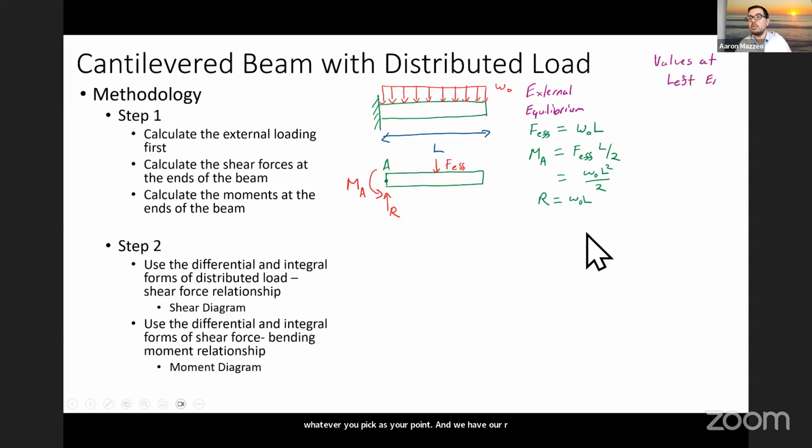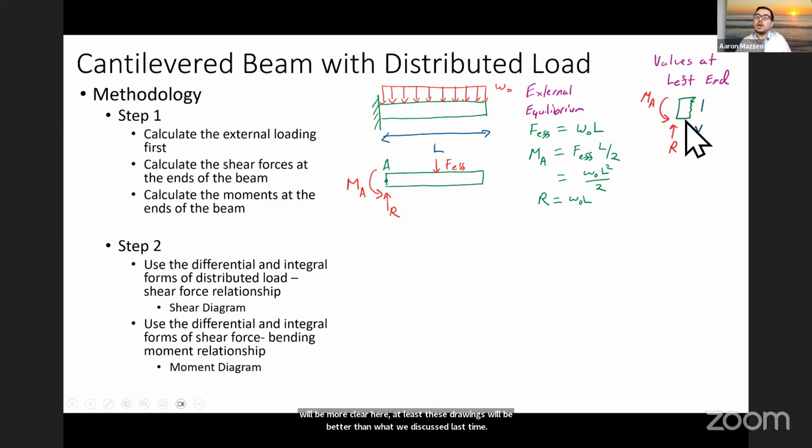At the left end, and we talked about this a little bit, but I think maybe it will be more clear here. At least these drawings will be better than what we discussed last time. We take a slice very close to the left side. So essentially we don't even draw an X here underneath or above.